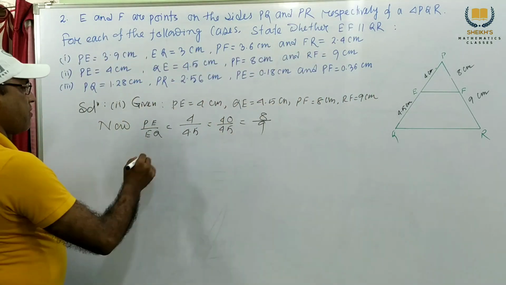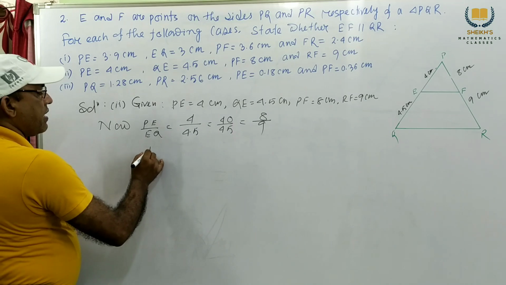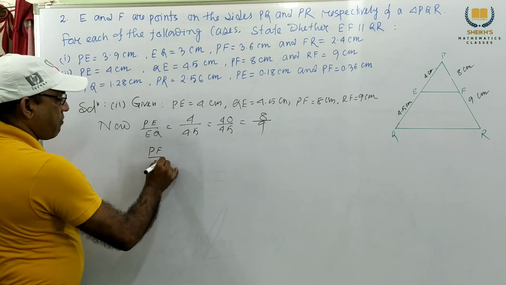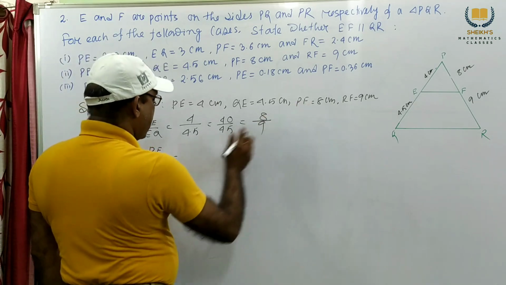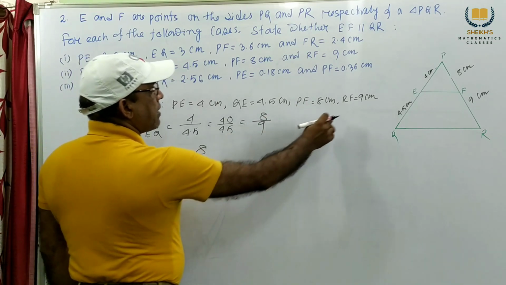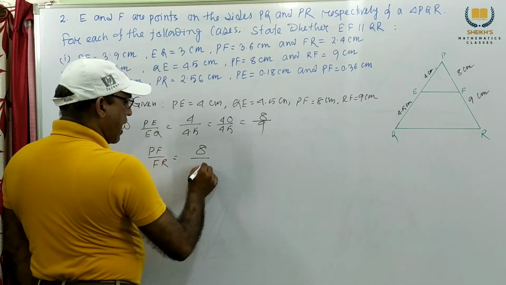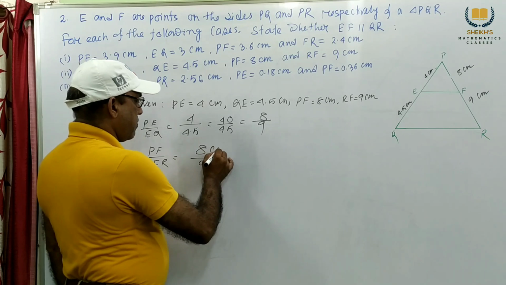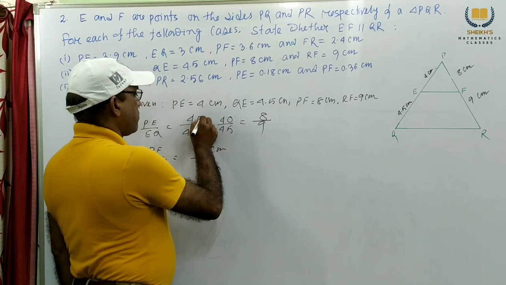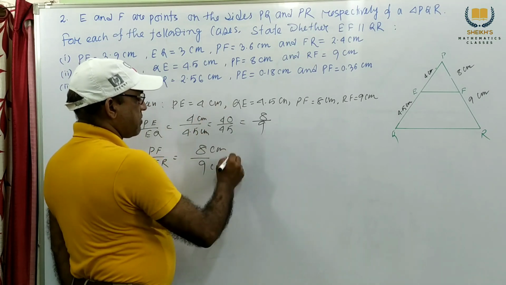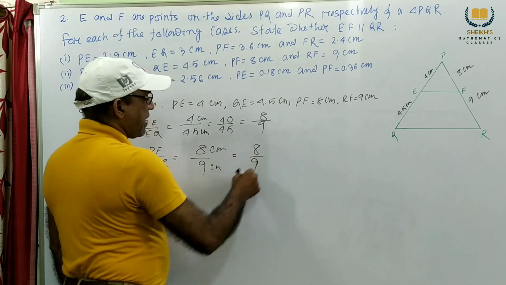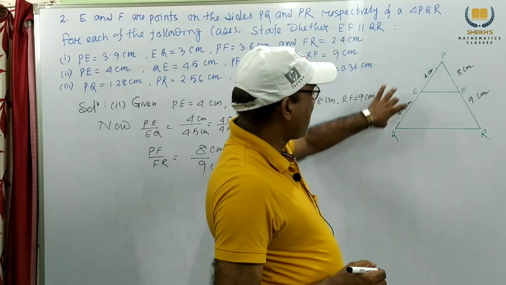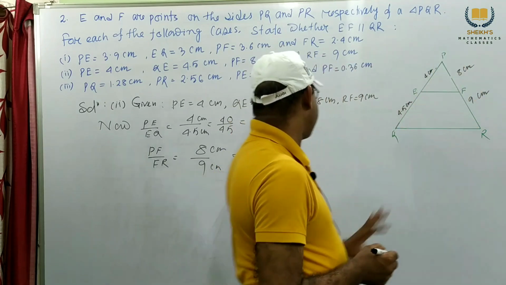Now on this side we get again PF by FR. PF is given 8 and FR is 9. So the cm cancel, we get 8 by 9. So on the left hand side and the right hand side, it is the same.